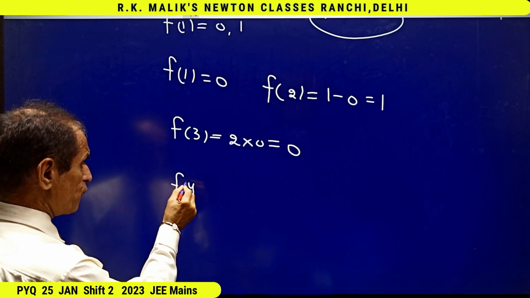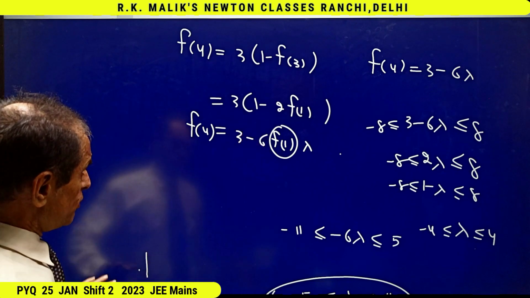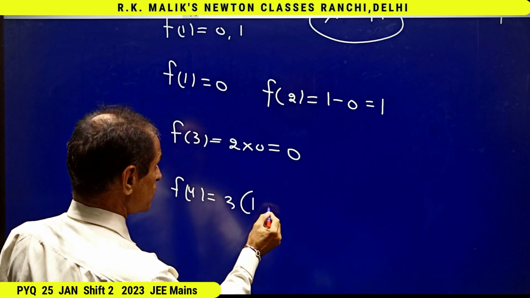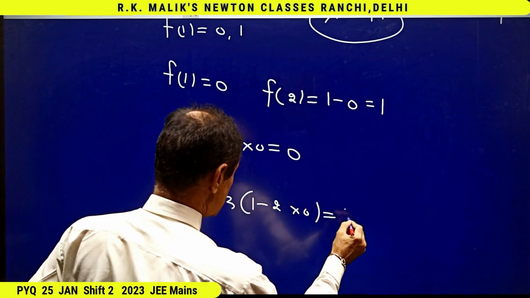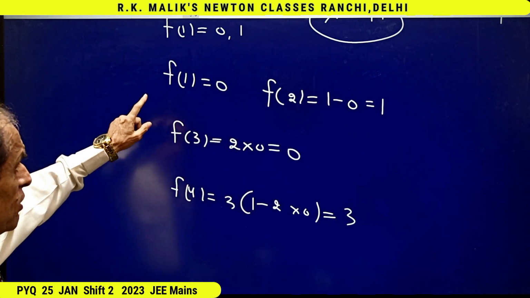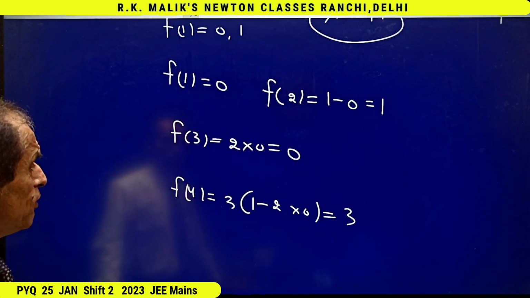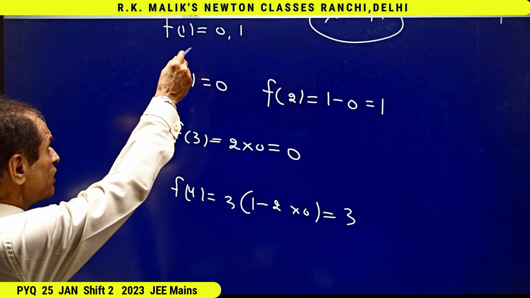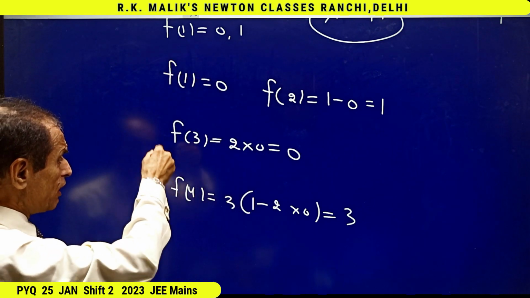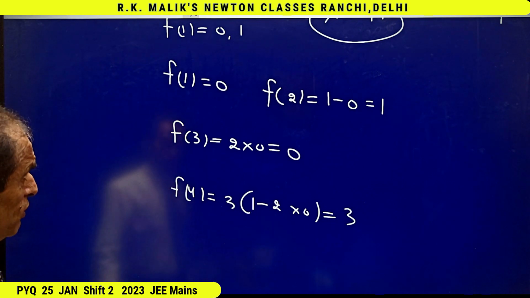And f4 will be equal to 3 into (1 minus 2 f1), that is 3 into 1, that is 3. Hence f1, f2, f3, f4 are known to you. It was not required to find the values of f1, f2, f3, f4; just for more clarity, I have done it. That is, if I have taken the value of f1 as 0, I have got the values of f2, f3, f4. Hence, we have got one possible function.